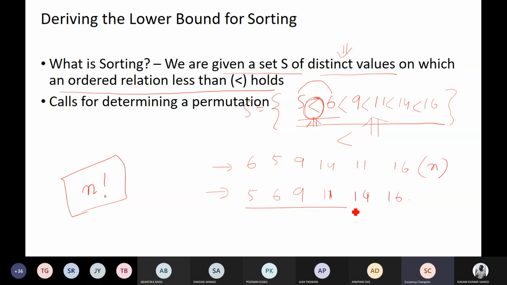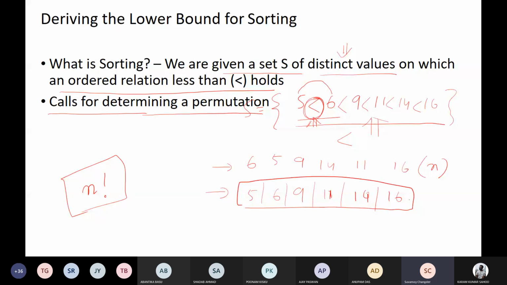So this is the particular permutation of the elements where this less than holds. So what we can say, sorting is nothing but determining a particular permutation, nothing else.